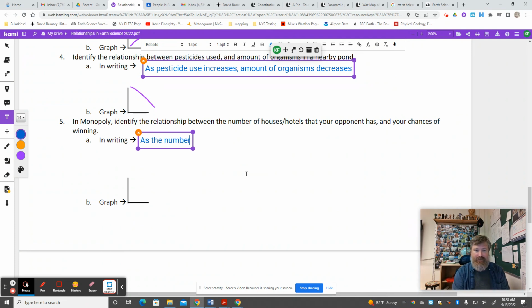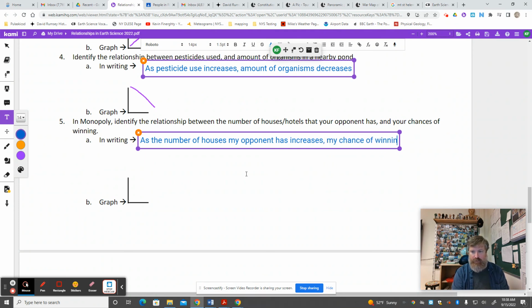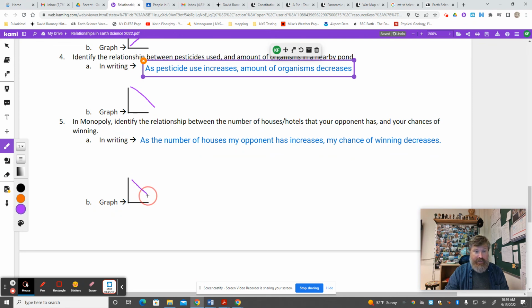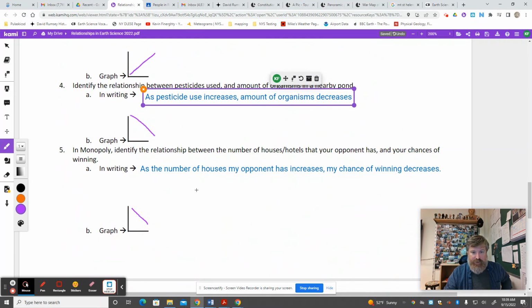As the number of houses my opponent has increases, the chance of winning decreases. Which is, again, I guess I did 4 of these in inverse relationship. As one thing goes up, the other thing goes down.